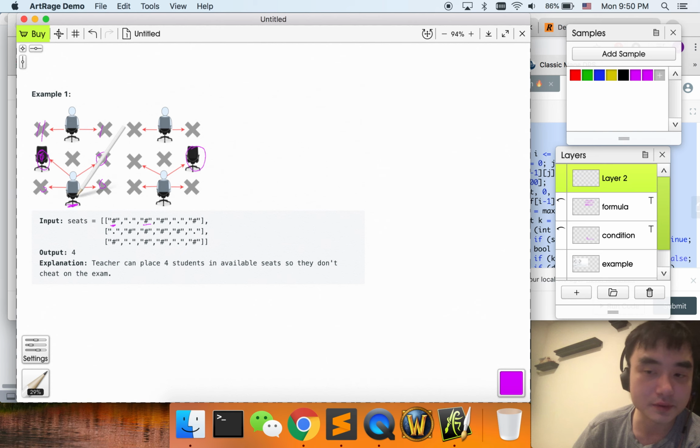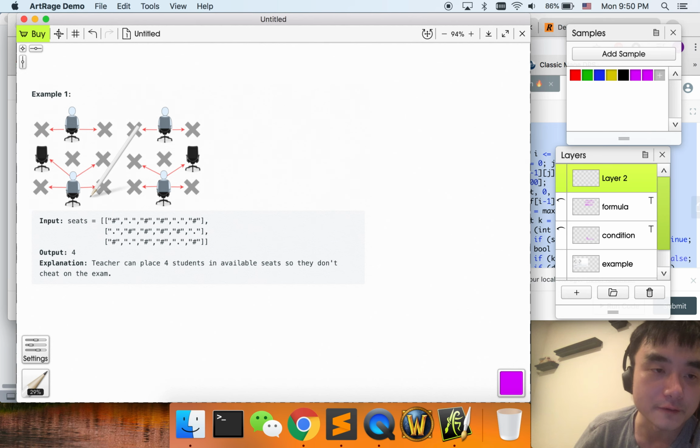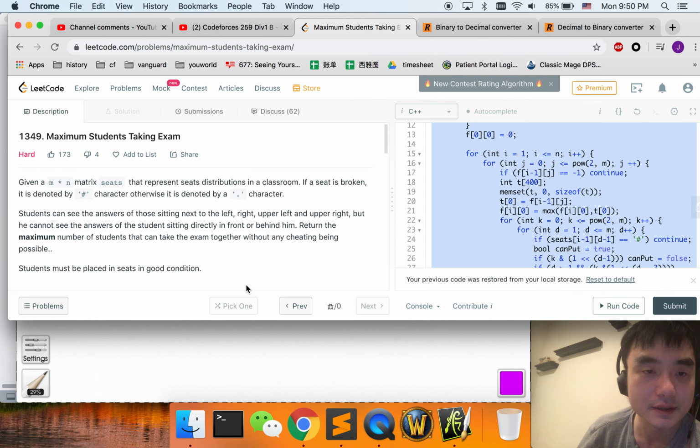So if we put a student at somewhere, its upper left, upper right, left and right cannot be sat by students anymore. So that's a rule in the classroom, right? So how do we calculate the maximum number of students?